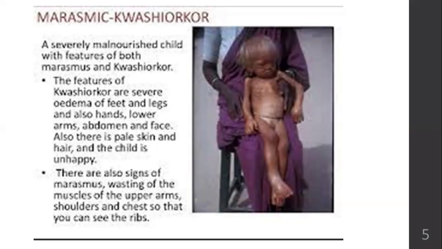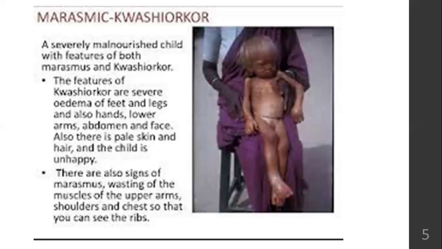There will be edema that comes from kwashiorkor, and there will also be prominent bones that you can see. Severe muscle wasting and bony prominence is also there because of the marasmus. Usually it happens in children between 1 to 3 years of age, exactly between the most common marasmic age and most common kwashiorkor age.